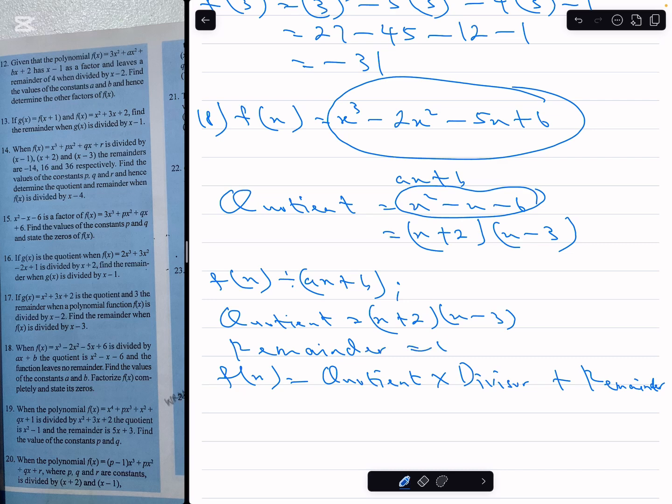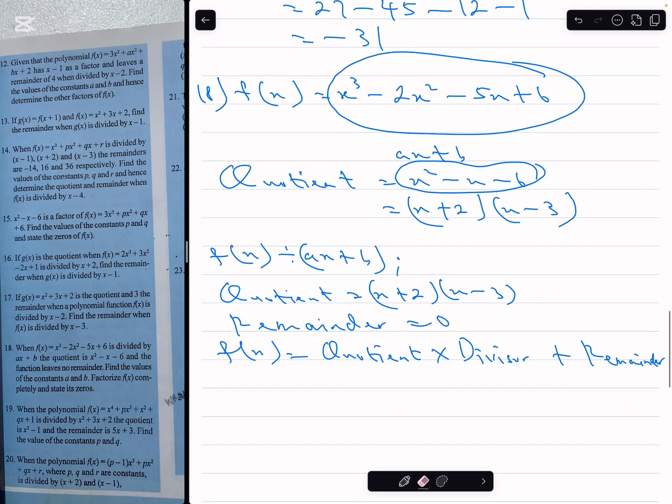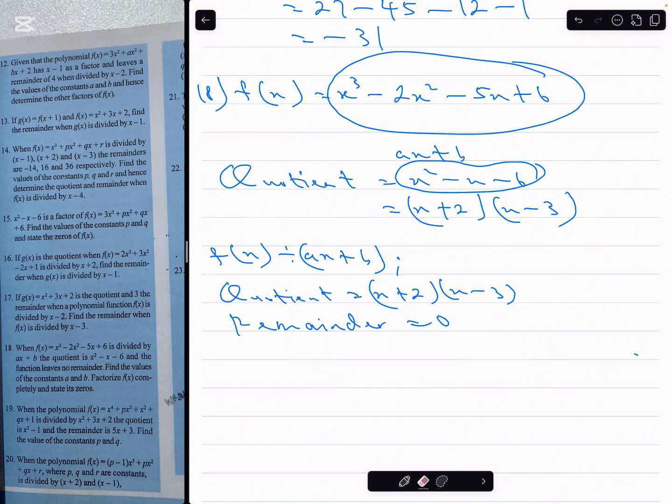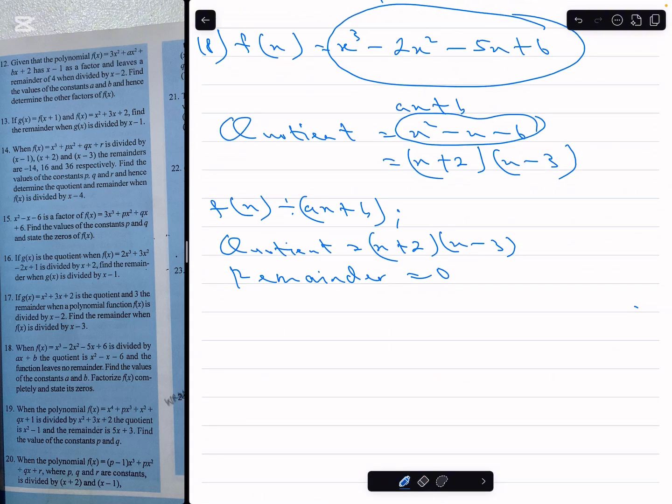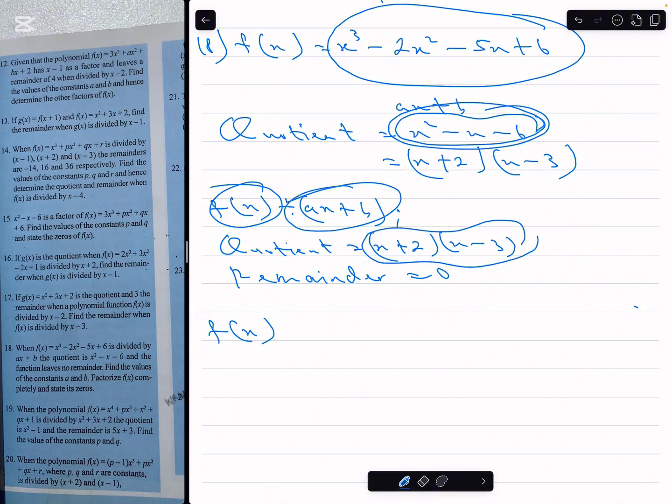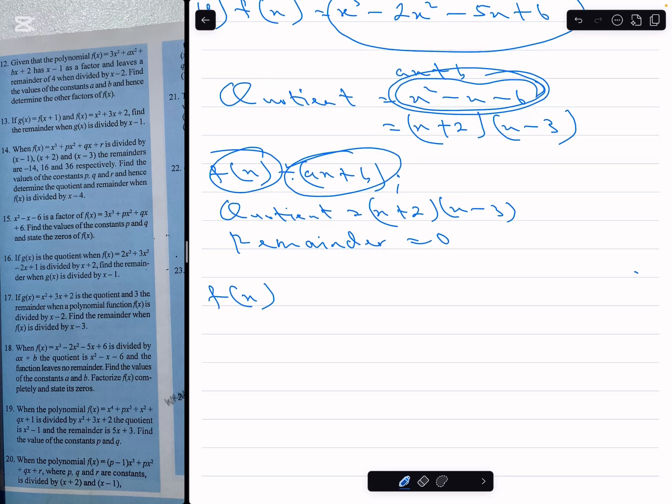I'm just writing all of this so that you understand. What that simply means is that if you divide f of x by ax plus b, the quotient is x squared minus x minus 6, which you can factorize into x plus 2 times x minus 3, and there is no remainder. That means ax plus b is a factor of f of x.